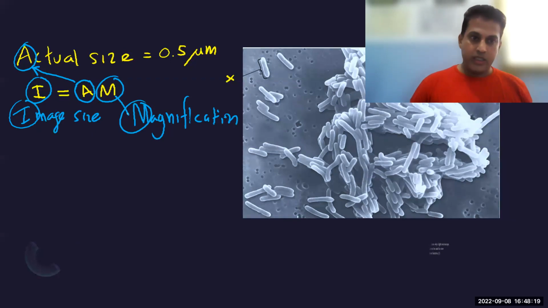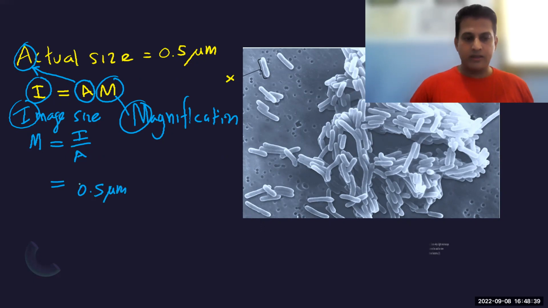Now in this question, we need to calculate magnification. So then we can rearrange this equation: M equals I divided by A. Then we know actual size is 0.5 micrometer. Then we need to find image size. So how do we find image size?